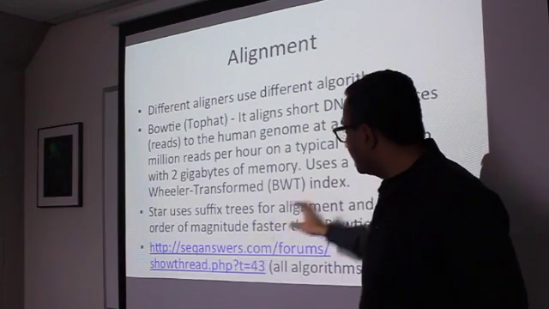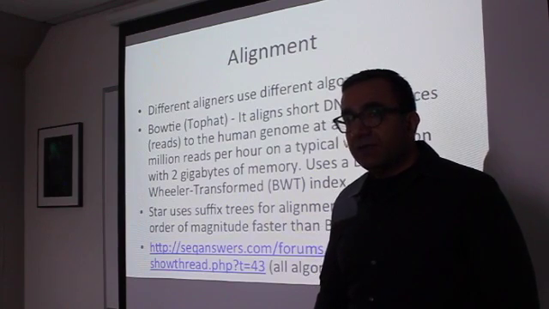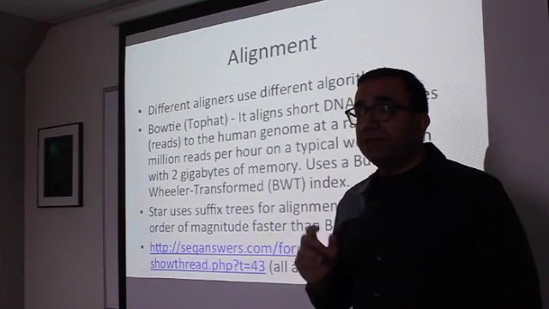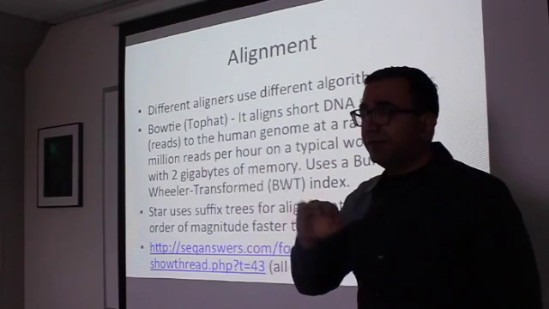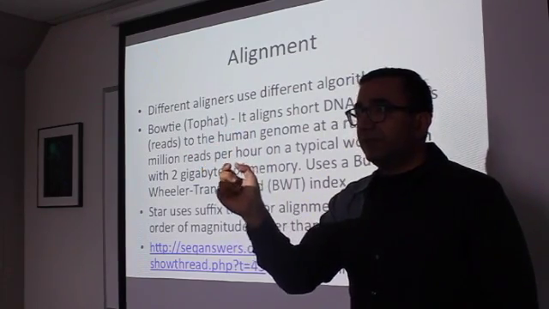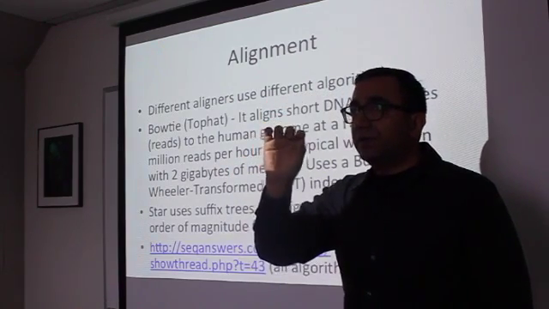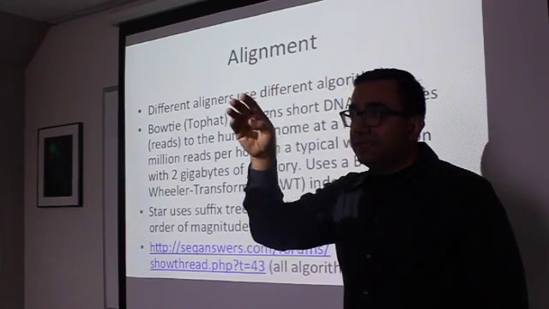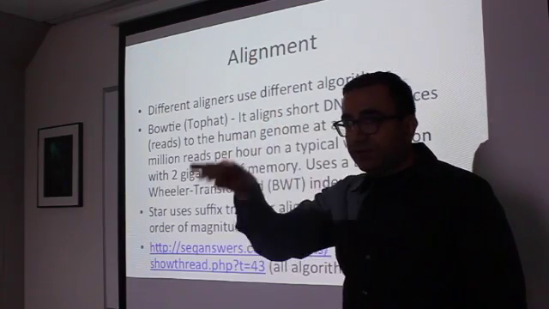But there's also something else. Just like the Burrows-Wheeler transform, the STAR aligner uses something called suffix trees. Suffix trees, I'm sorry, are very memory intensive. For example, if this is a sentence, they create a graph out of each character so that it looks like a tree. If you wanted to search for THI, it would be the first node, and then THIS could go into one branch, and then IS goes into the next branch like that.